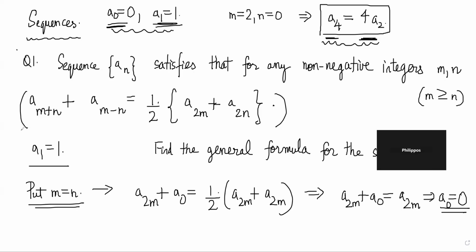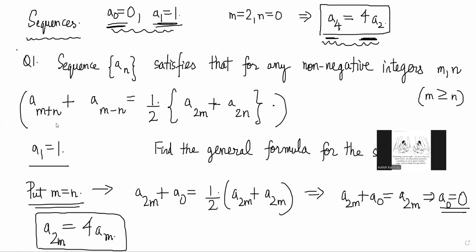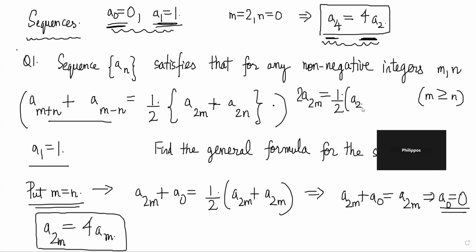I found that a2m equals 4 a_m. Okay, how did you get that? I put n equals 0. So you get a_m twice, right? Yes, is equal to half of a2m.